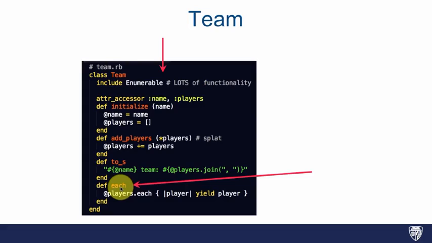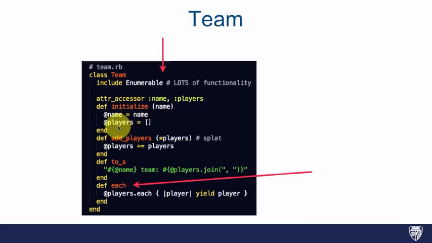So the way you define this each method is you say players.each, loop through each element in the players array, and yield the player to a block. Going back to the constructor, a team will just have a name, maybe a red team, a blue team. It will also have a setter and a getter for name and players.